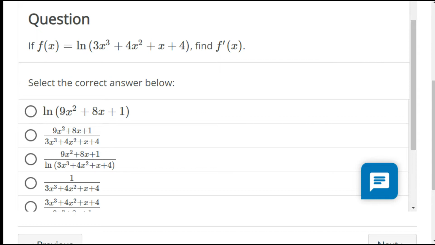The answer is a fraction whose numerator is the derivative of that polynomial inside the logarithm, and whose denominator is just that very same polynomial. But let's examine this. I'm going to rename that function as h.